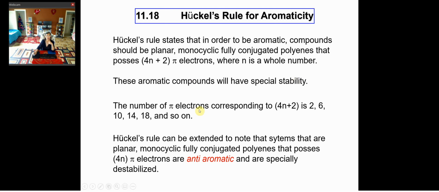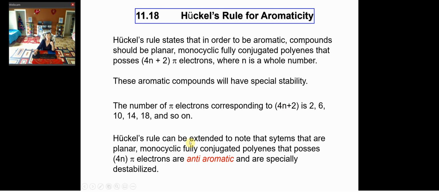The number of pi electrons corresponding to 4n plus 2 will be 2 when n is 0, 6 when n is 1, 10 when n is 2, 14 when n is 3, and 18 when n is 4, etc. Again, the pi electrons corresponding to 4n plus 2 can be calculated based on n equals 0, 1, 2, 3, 4, etc. The numbers 4, 8, 12, 16 are related to 4n.